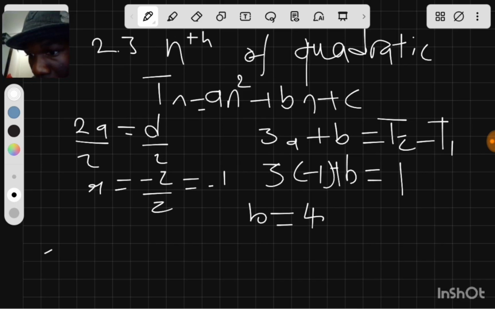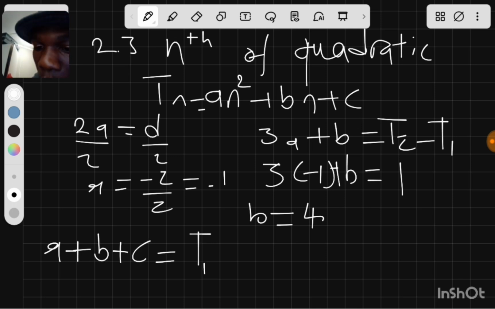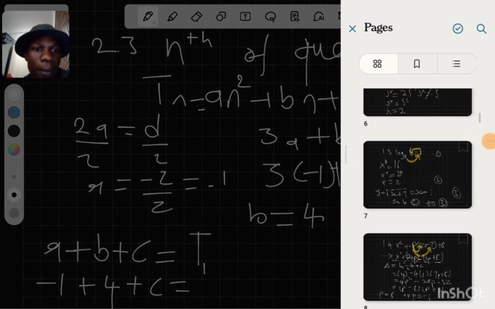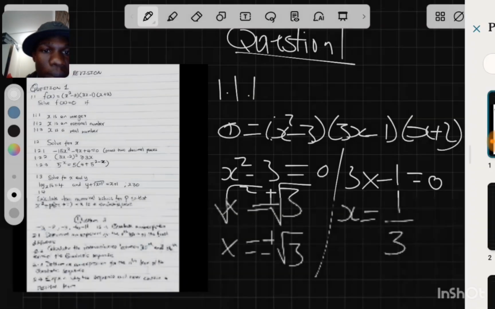To find c, a plus b plus c is equal to t1. What is a? We already have a. Minus 1 plus 4 plus c is equal to, what is our t1? Let's go back there and check our t1.